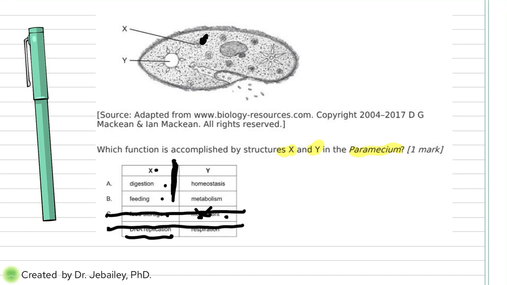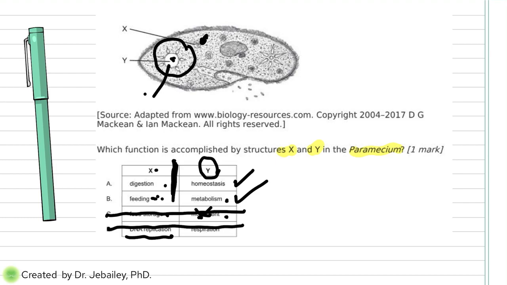Now you look at Y. Y is this thing right here. It can be homeostasis or it can be metabolism. But metabolism is the same thing as feeding. It's breaking down food. So it does not make sense that this is breaking down food. This is more for homeostasis.